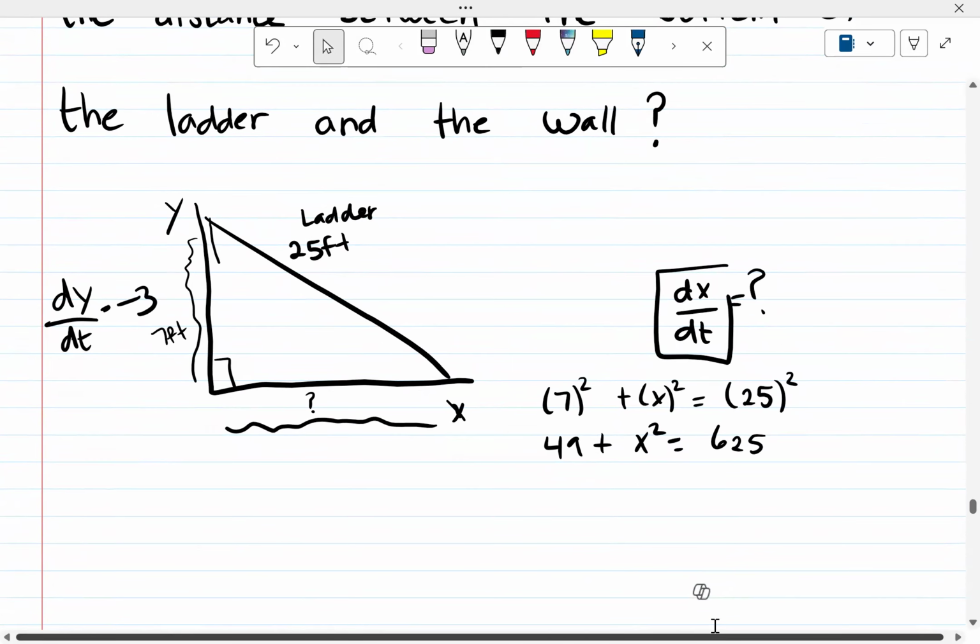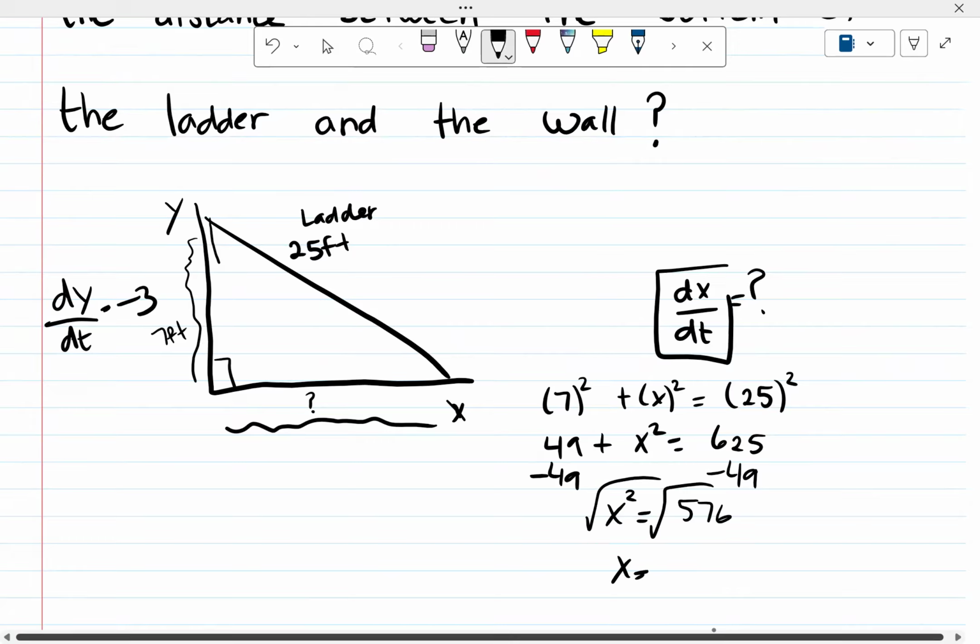Subtract 49 from both sides, and you get x squared equals 625 minus 49, which is 576. Take the square root, and this horizontal distance is 24.